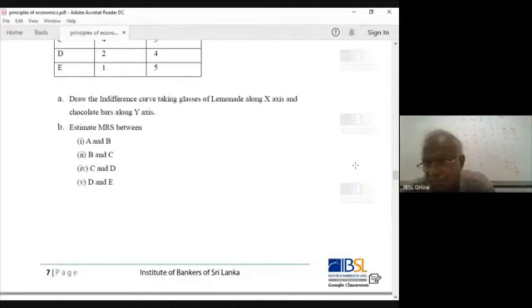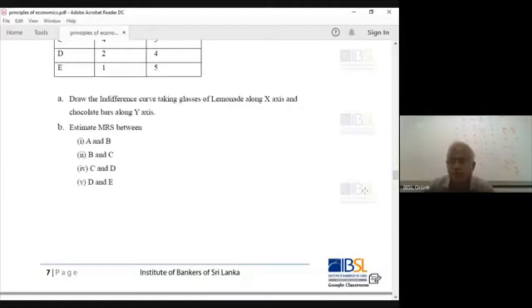Or to get 1 ice cream, how many chocolate slabs are you going to give up? 2, 3, 4. Different consumers have different rates of MRS. In a market economy, consumers are unique. Our behavior is different. Individual substitutability is different. Our willingness to substitute good Y for the other is different. MRS is different. That's why consumers are unique.